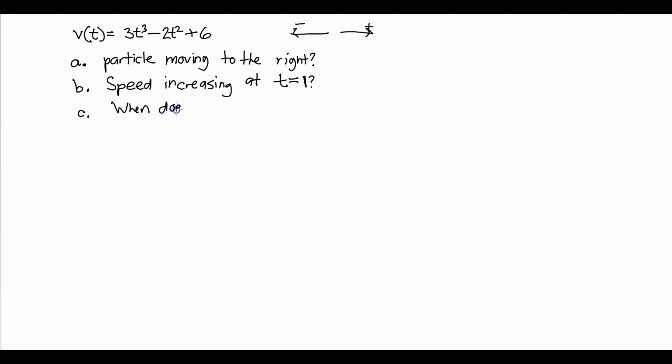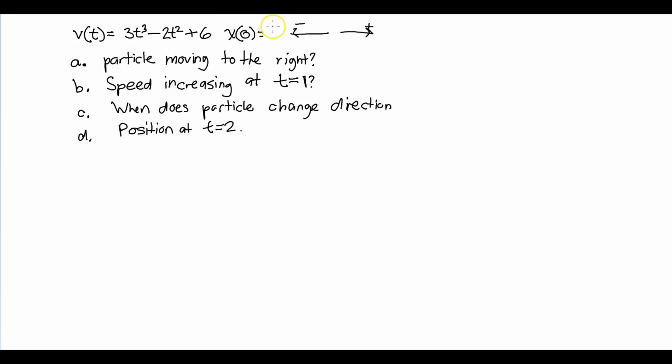C, when does the particle change direction, and what is the position at time t equals 2? They give us that the position at time t equals 0, it initially starts at position 3.